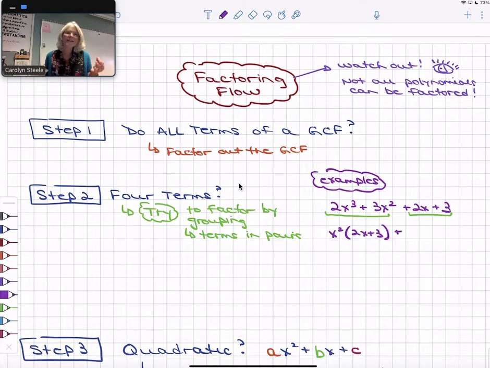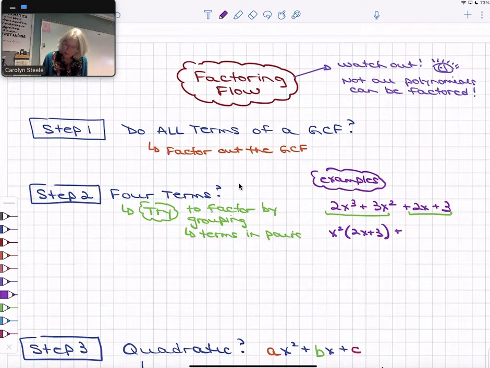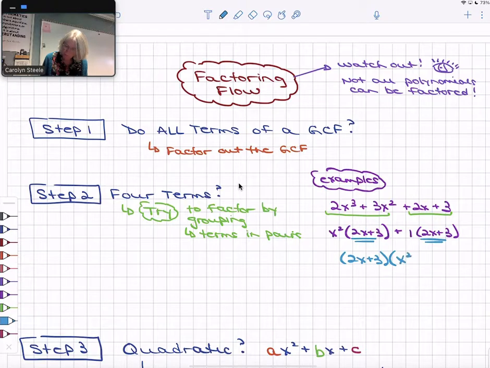The next one is already 2x + 3, so the GCF I'm going to factor out when factoring by grouping is 1. So I have 1 times (2x + 3). And now I'm super excited when I notice I've got the same binomial here. That binomial is the GCF. That gets factored out, and for each term, my remaining factors are x squared plus 1.